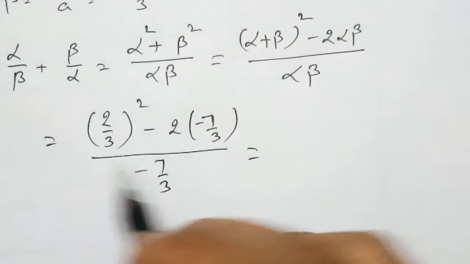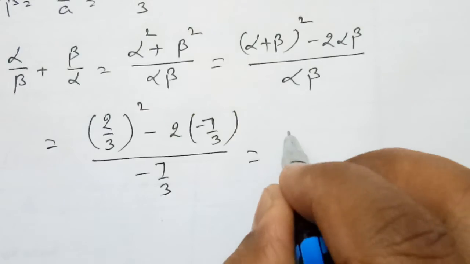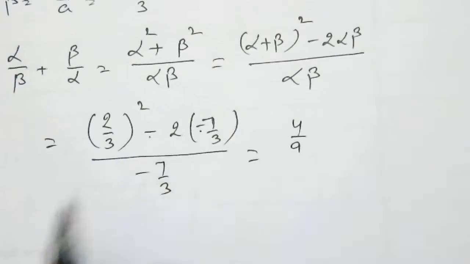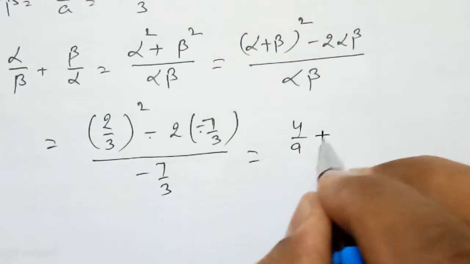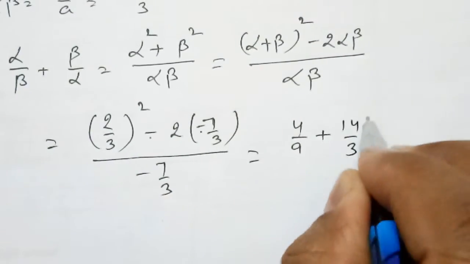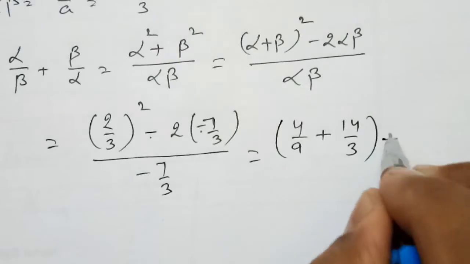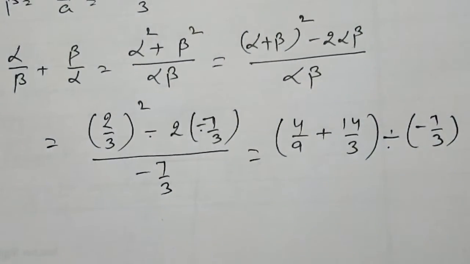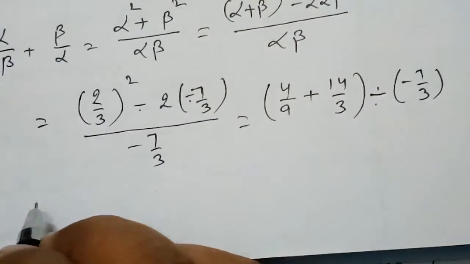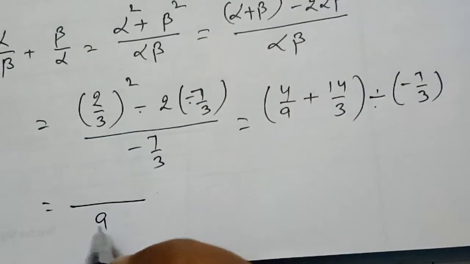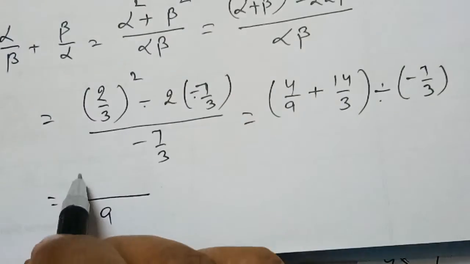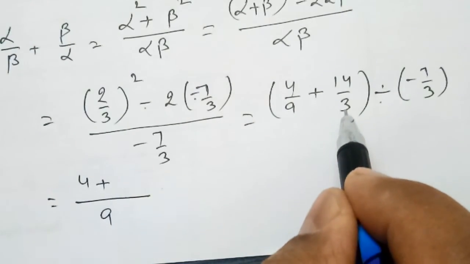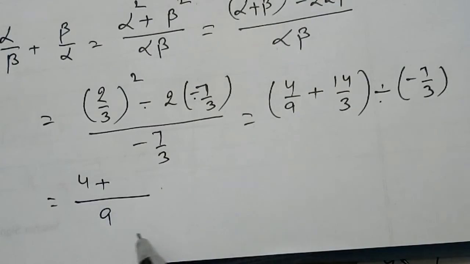So here now the square of 2 by 3 is 4 by 9. Inside the bracket minus, minus, so minus minus becomes plus, plus 14 by 3, and I will bring this in this form over minus 7 by 3. So we will take the LCM here. LCM is 9. So 4 comes as it is, plus 14 threes are, because when we divide 9 by 3 we get 3.